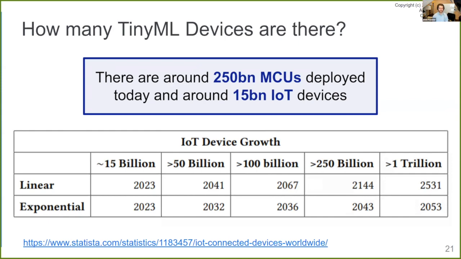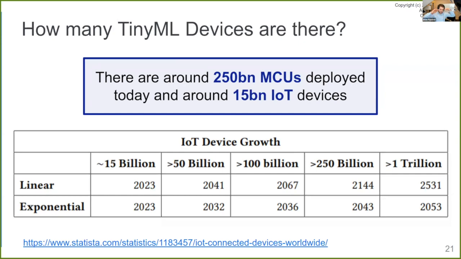The linear model doesn't get there till past 2500, whereas the exponential model gets there by 2053. So exponential growth can really take over. But in either case, we're looking at a very, very conservative estimate of saying we have 20 or more years until we hit 250 billion microcontrollers, and probably a lot longer.